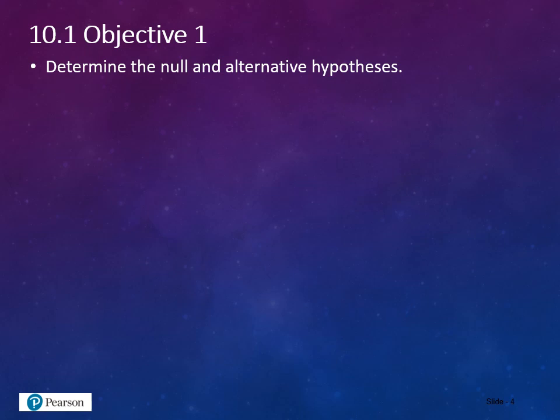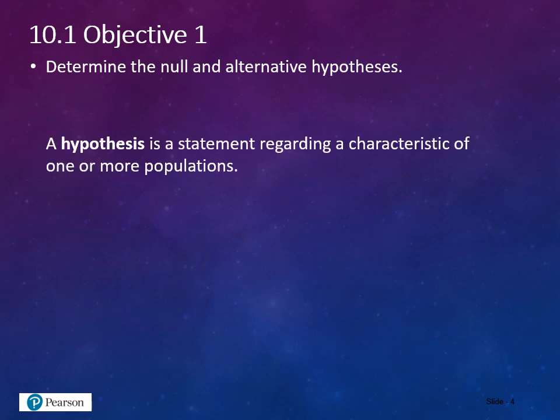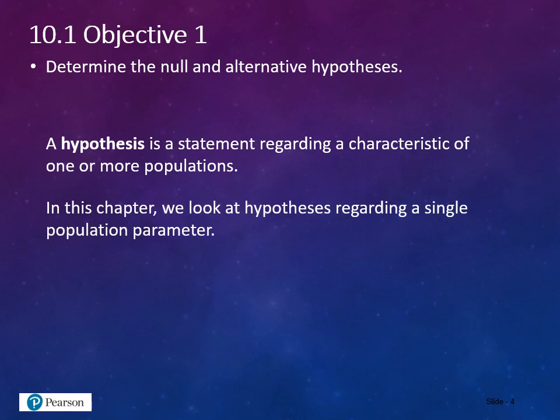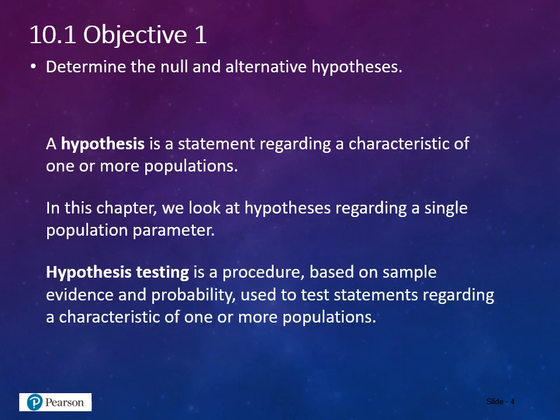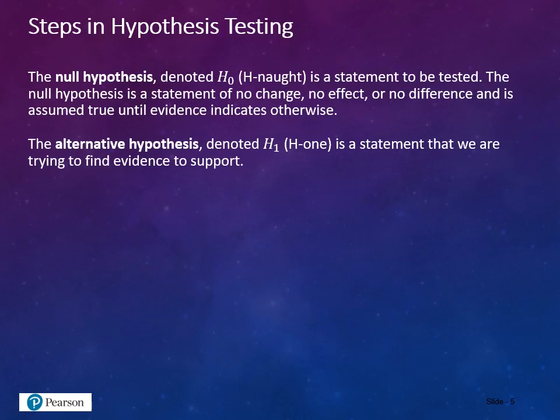Determine the null and alternative hypotheses. A hypothesis is a statement regarding a characteristic of one or more populations. In this chapter, we look at hypotheses regarding a single population parameter or data point. Hypothesis testing is a procedure based on sample evidence and probability used to test statements regarding a characteristic of one or more populations.